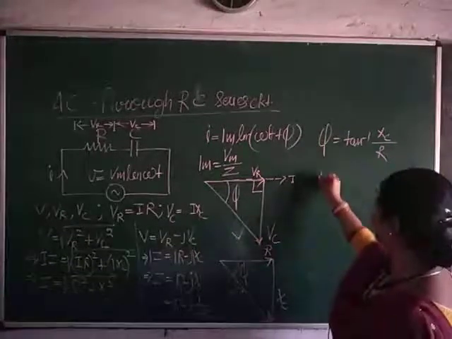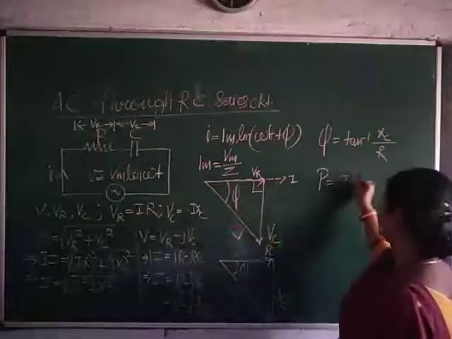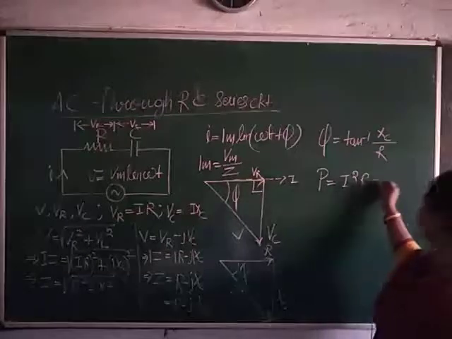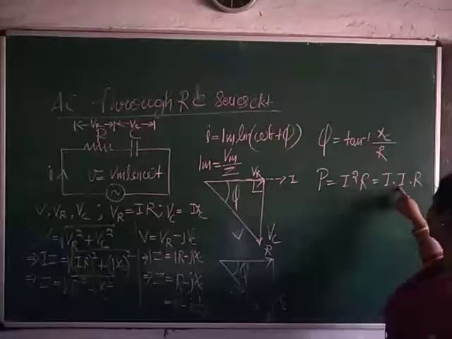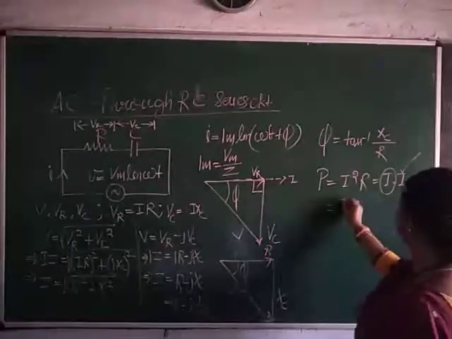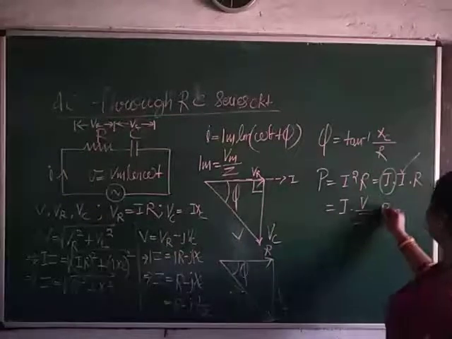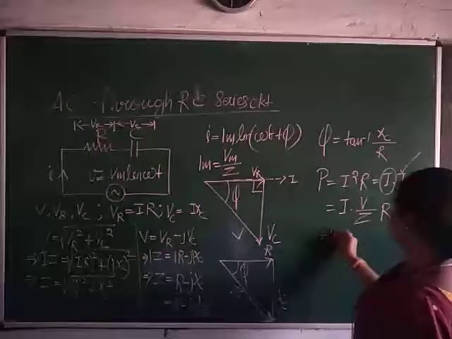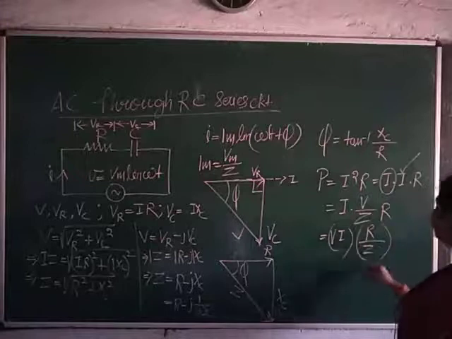The average power consumed by the purely resistive part is equal to I square into R. I break this I square as I into I, and I keep one I constant and again break the other current I. What is I? Total voltage by total impedance. So the power is V I into R by Z. What is R by Z?